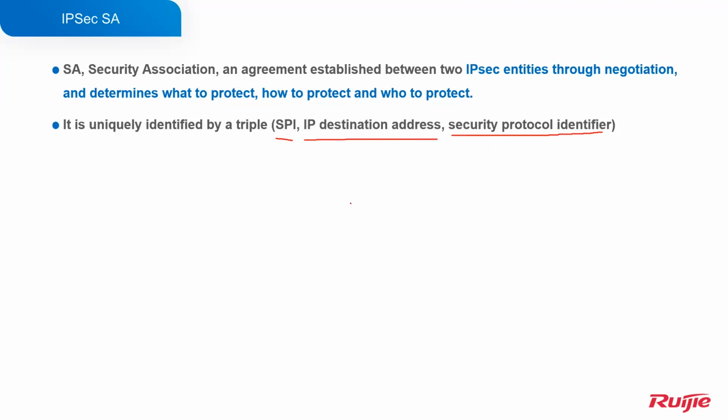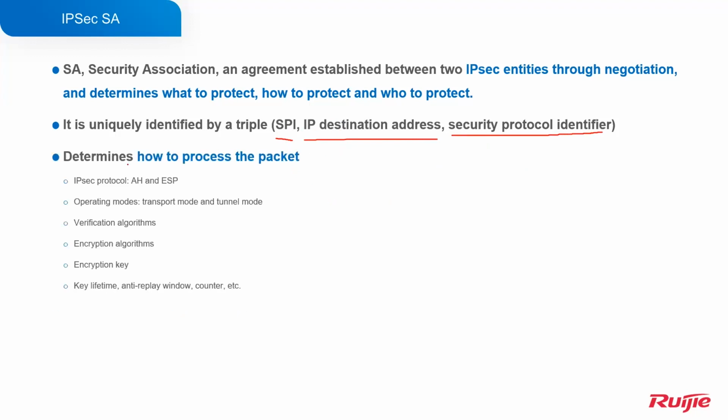So this is the SA information, and it determines how to protect the message, like our user packets. The protocol, which one you want to use, right? And also how to encapsulate your message. You want to use transport, or maybe you want to use the tunnel.